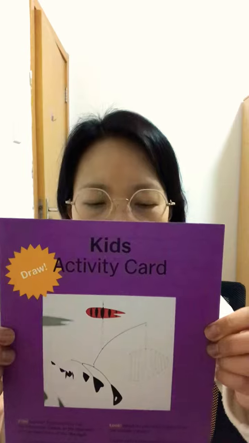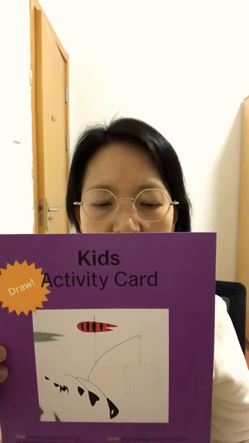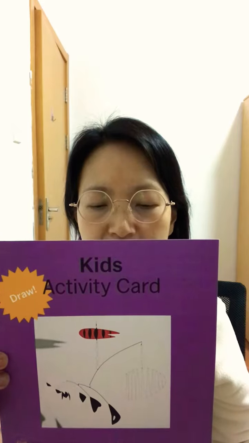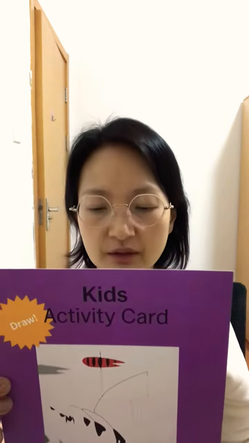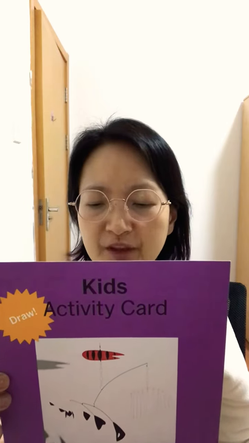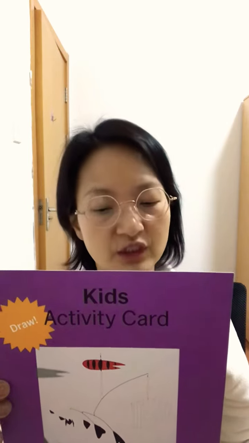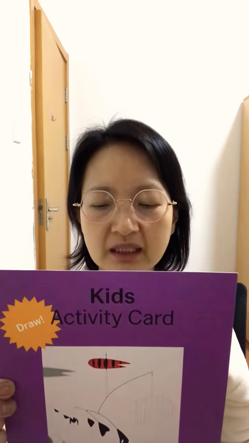Alexander Calder was trained as an engineer. Scientists and engineers design and build machines and other structures. That is what engineer means. When making his mobiles, he considered things like weight and balance.